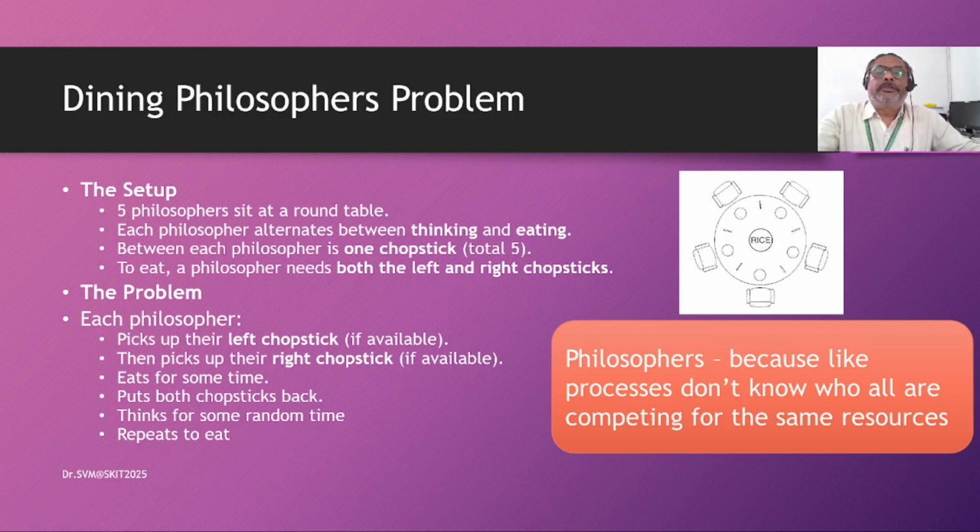To do a process like eating, a philosopher requires both the chopsticks, and if the philosopher gets both chopsticks, then continues to eat. So it is similar to a process wanting to get into the critical section.